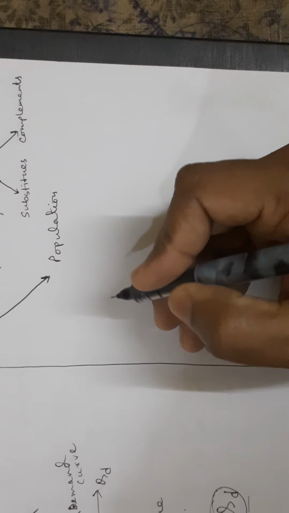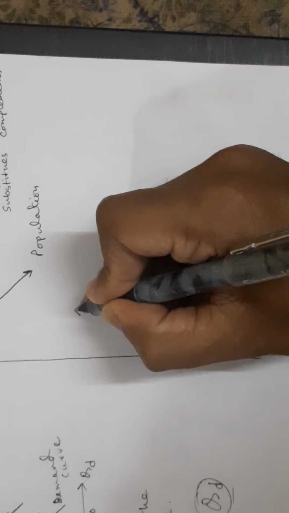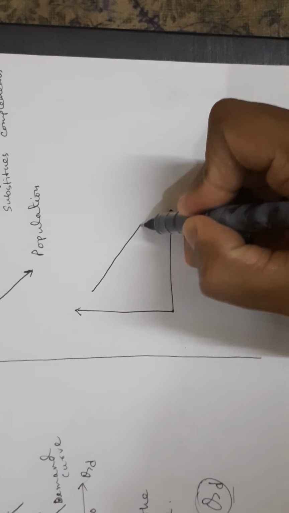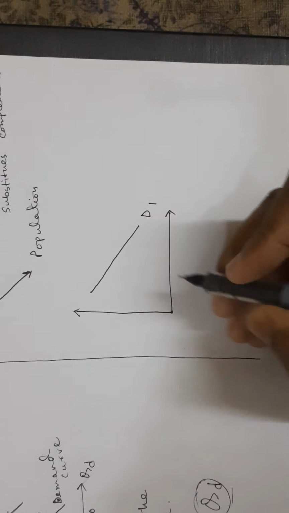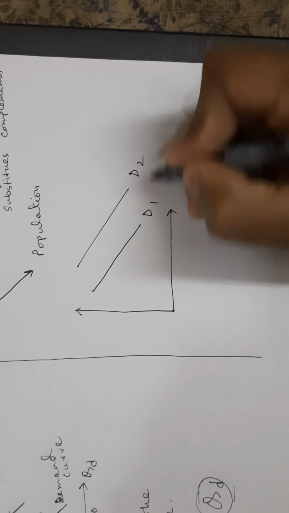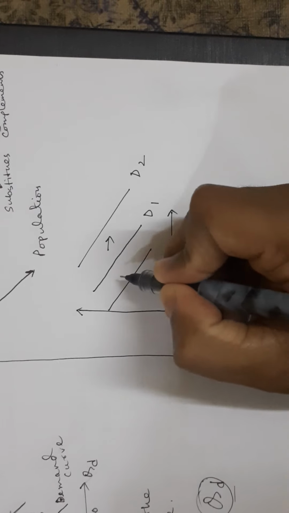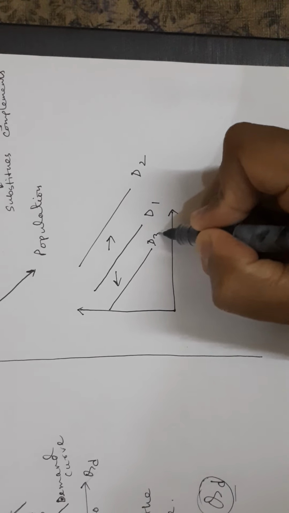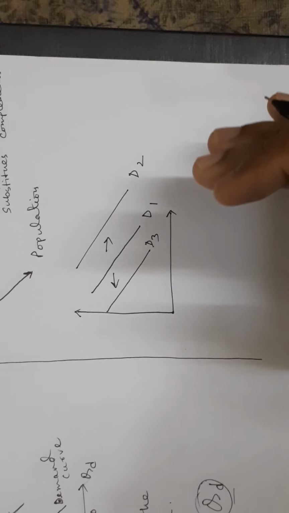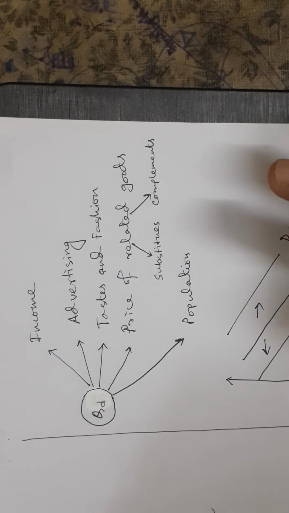A shift is when a curve changes from its original position and shifts to a completely different position. It can shift to the right, it can also shift to the left. So if any of these factors changes, there will be a shift of the demand curve.